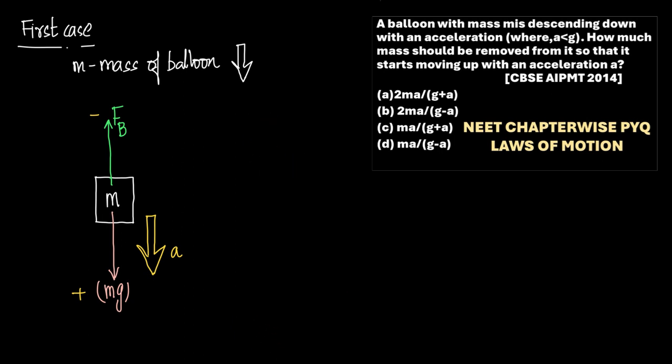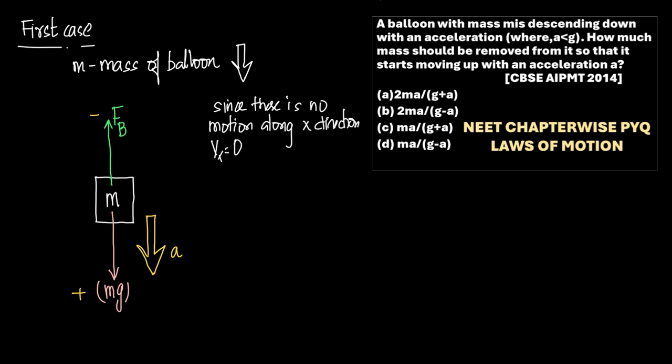Okay. So we can say that since there is no motion along the x direction, velocity along the x direction is equal to 0.